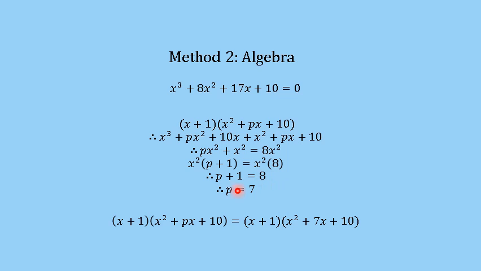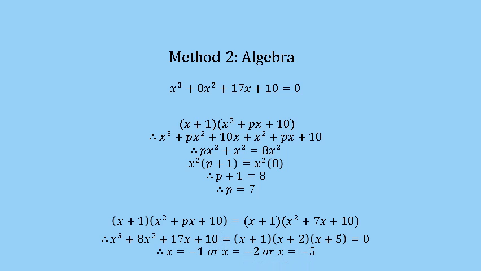So it means now we are going to replace p by positive 7. Therefore, we are going to have this, and then we factorize this. We're going to have x plus 1 into x plus 2 into x plus 5. Therefore, x equals -1, or x equals -2, or x equals -5.